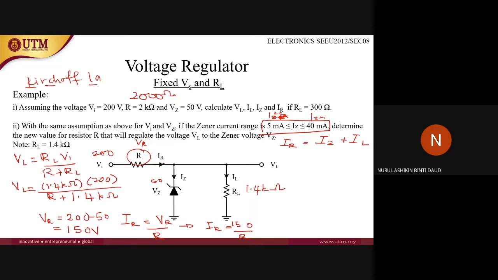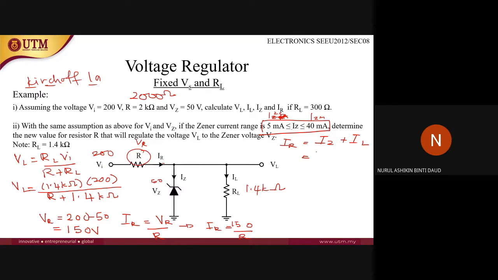If you want to calculate IZ, the minimum current, since it's given to you as a range of currents, if you want to make sure that there is a current flowing inside here, the minimum current at this area of IZ is 5 milliampere.